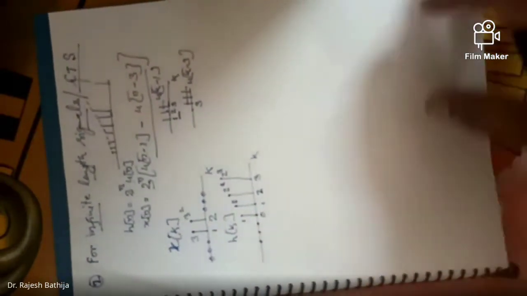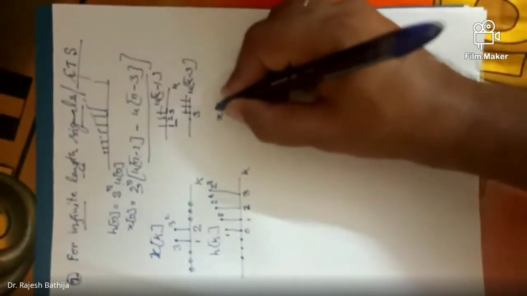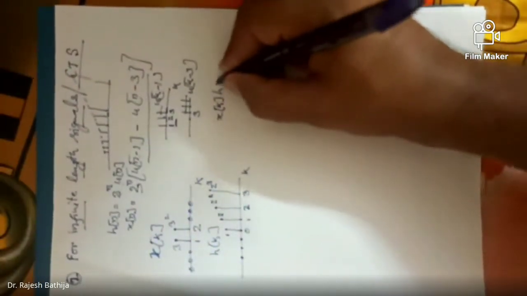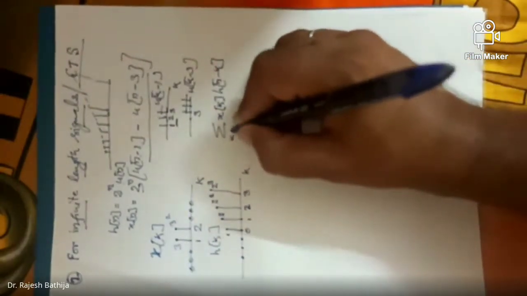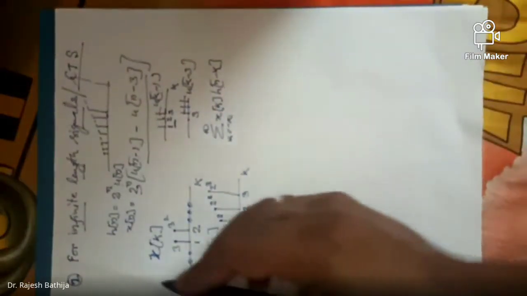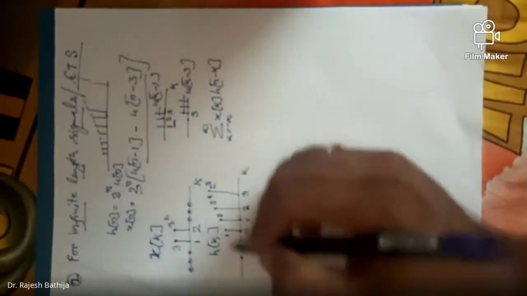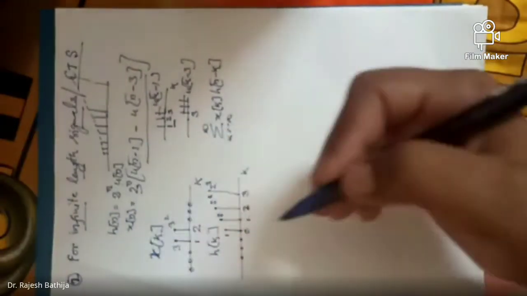Now what is the formula to calculate the convolution? It is the summation over k from minus infinity to infinity of x of k, h of n minus k. So what are the steps? First, change the variable from x of n and h of n, use x of k and h of k.